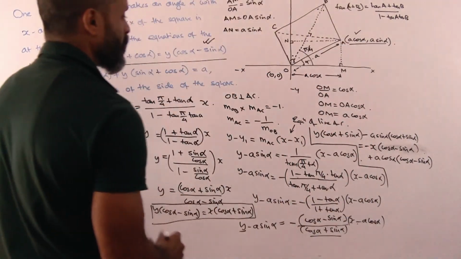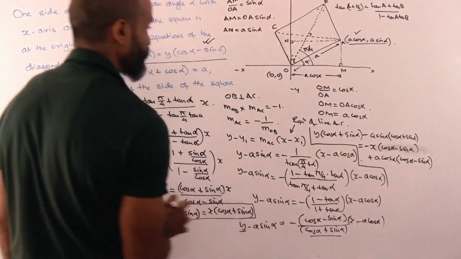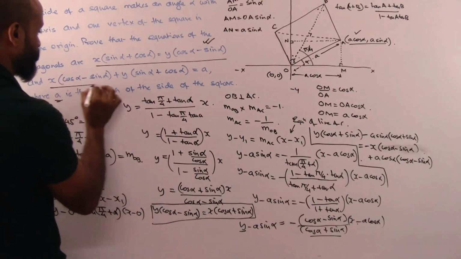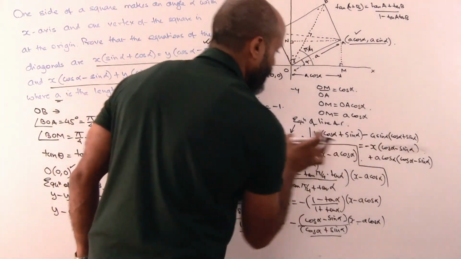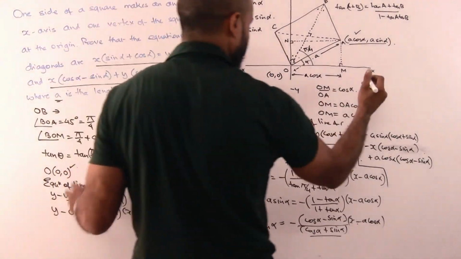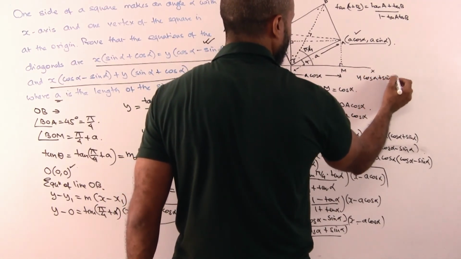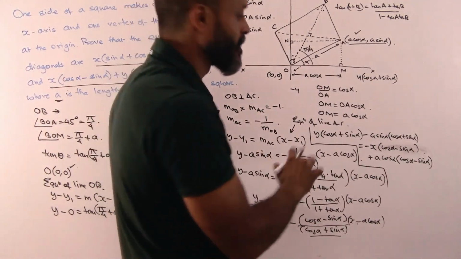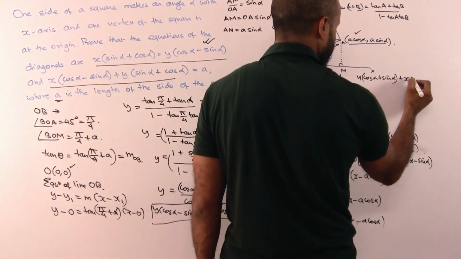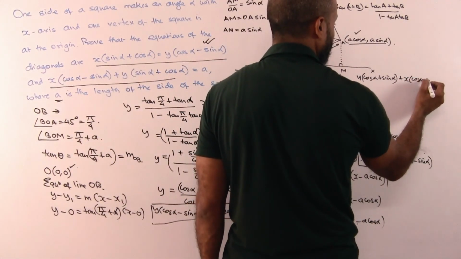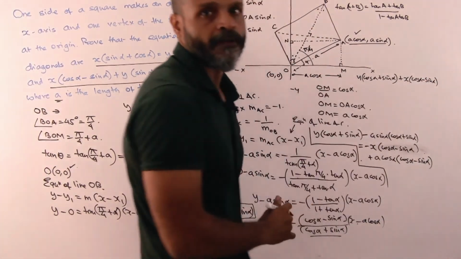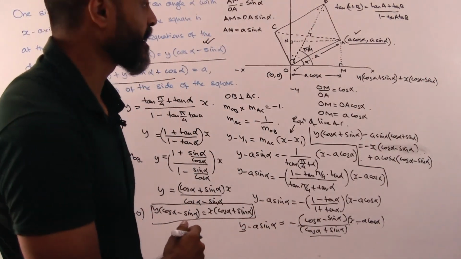Okay, so putting this here, because we have to come to this one. If I take this to this side, we will have y cos alpha plus sin alpha plus x into cos alpha minus sin alpha.